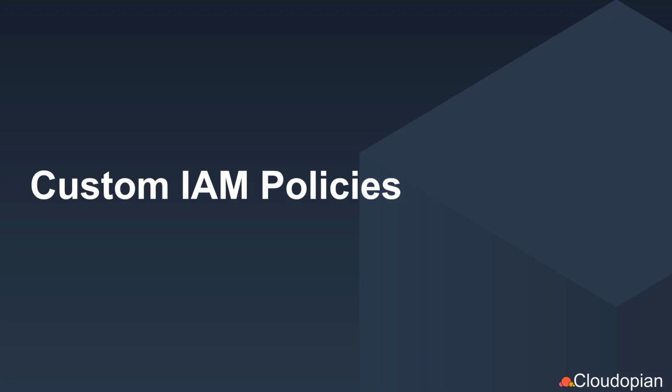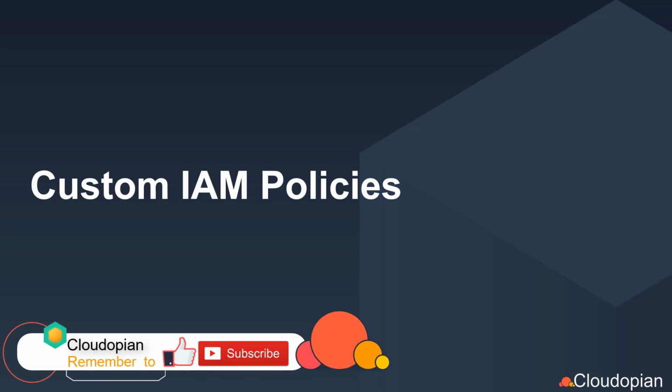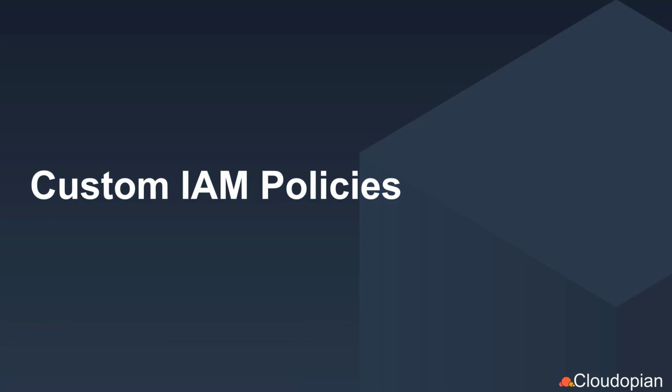AWS by default provides certain managed IAM policies that give you access to certain AWS services as long as you attach them to the correct roles or IAM users or groups. These policies are good if you want to quickly get access to certain services, and also they are heavily used when you want to give absolutely necessary permissions for certain services to operate.